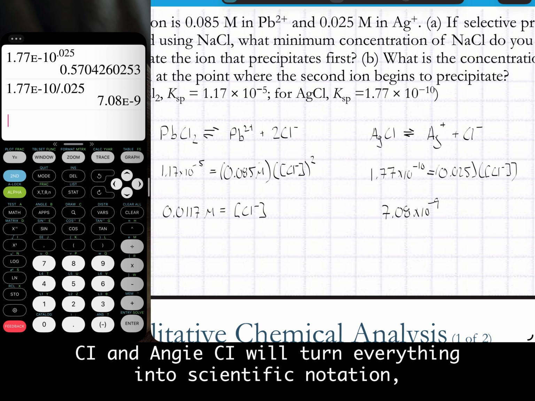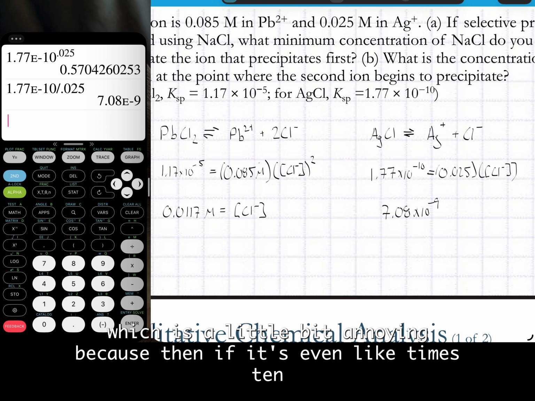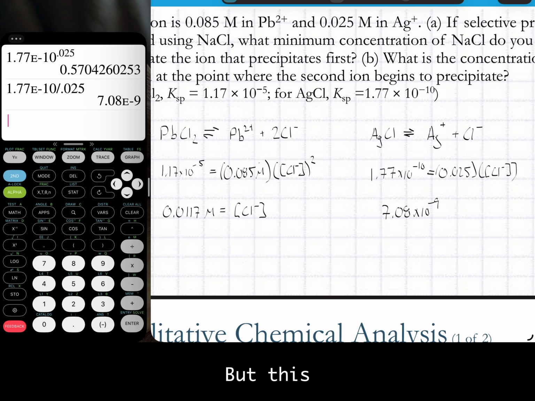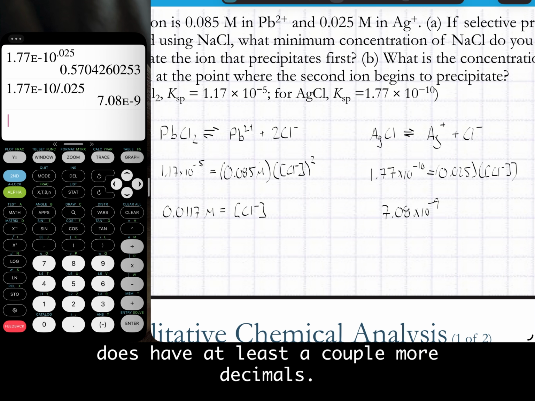SCI will turn everything into scientific notation, which is a little annoying because even 0.1 becomes scientific notation. But this does have at least a couple more decimals.